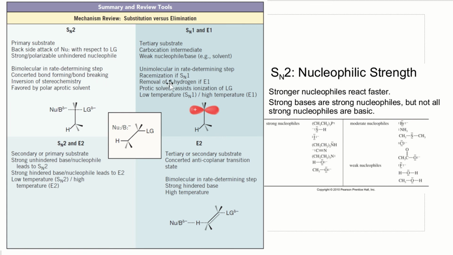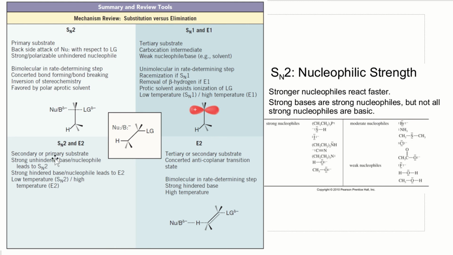And then for the SN1, in most cases the substrate is tertiary. A carbocation intermediate is generated, if you recall, and generally you have a weak nucleophile or base, for example the solvent, and we can go into other things.